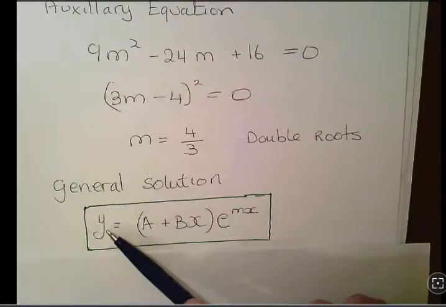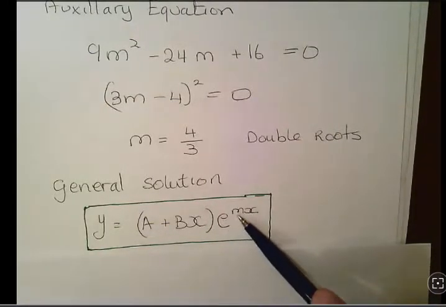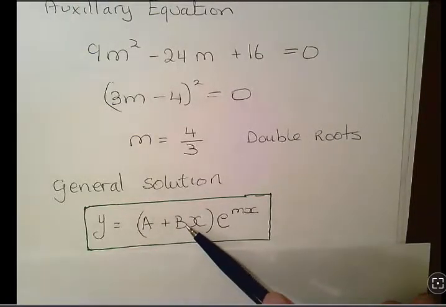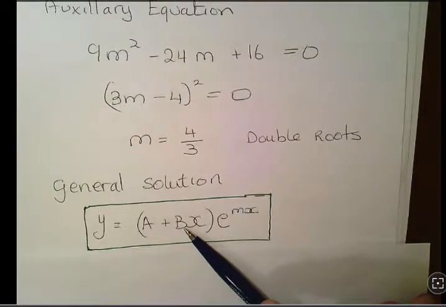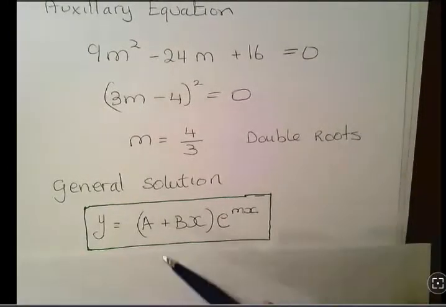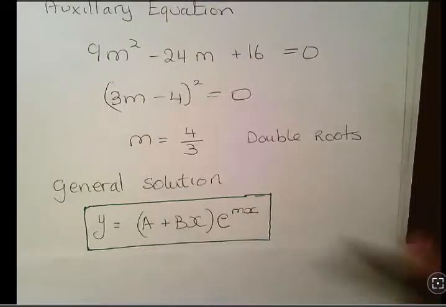So here we have y equals (a plus bx) times e to the mx. Now a and b, as far as the general solution is concerned, are undetermined coefficients. You can find them when you get boundary conditions, but that's not part of what we're doing right now. We're just going to ease into this slowly. For this exercise, a and b will stay as a and b.